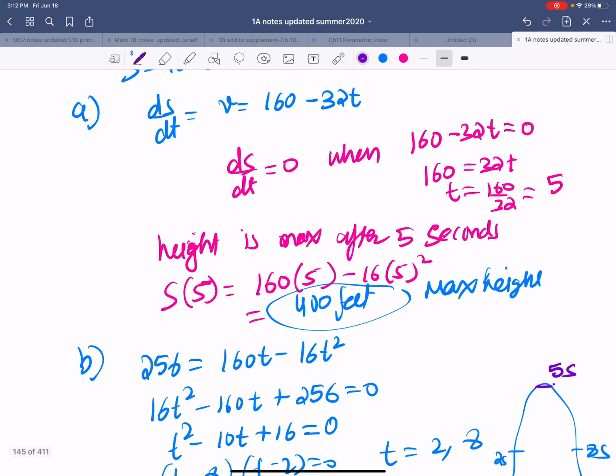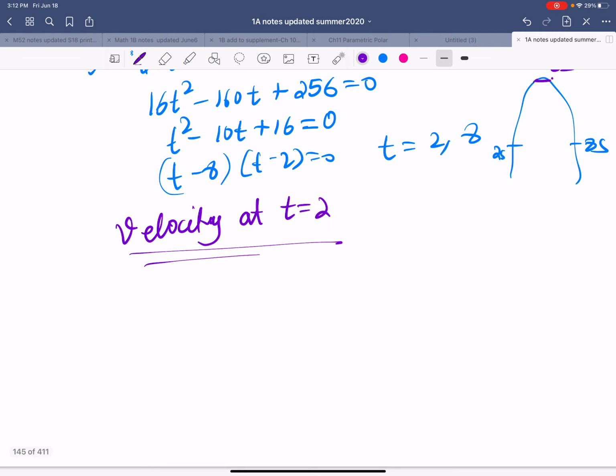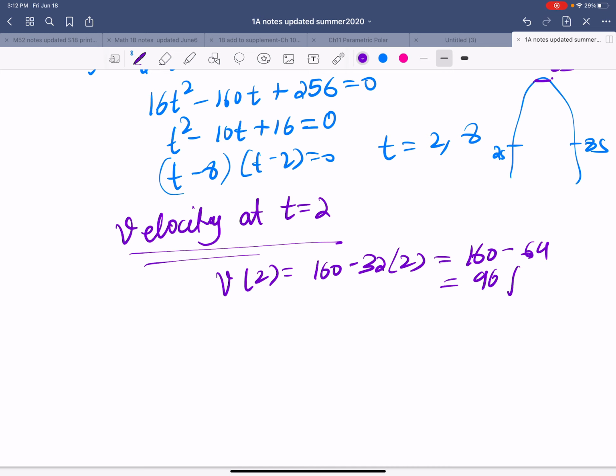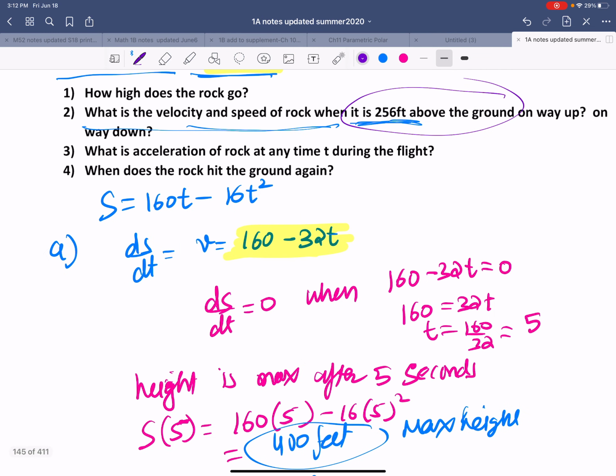We already found the velocity function earlier: 160 minus 32t. 160 minus 32 times 2 is 160 minus 64, which is 96 feet per second. And that's the velocity when time is 2, when the object is at 256 feet above the ground.